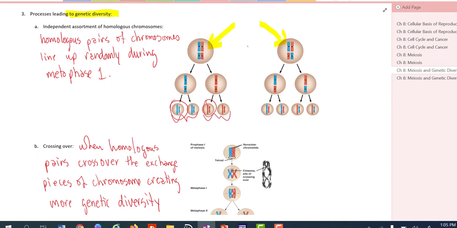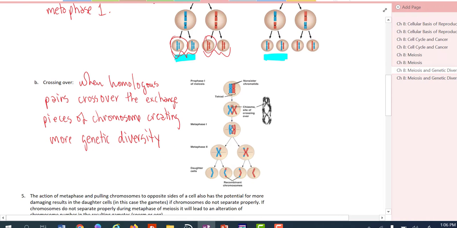So whether it is through independent assortment, where the chromosomes can line up differently, leading to a variety of different gametes, or whether it's through crossing over of the sister, and sorry, I should say non-sister chromatids, so that's very important. Think of it like one of your mom's chromosomes crossing over with one of your dad's chromatids, right?